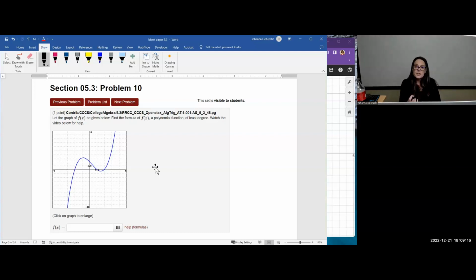So the first thing we want to do is what we've been doing, which is finding the x-intercepts. Now, we have an x-intercept here, and an x-intercept here, and an x-intercept here. So my x-intercepts are (-2, 0), (1, 0), and (2, 0), right?